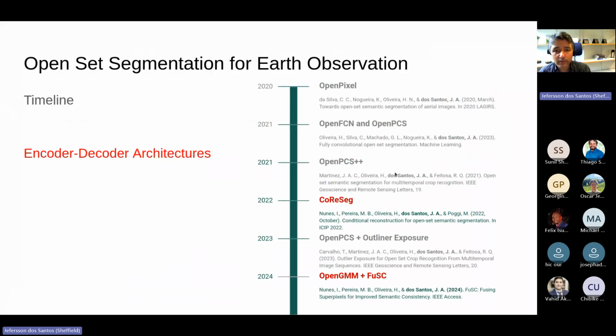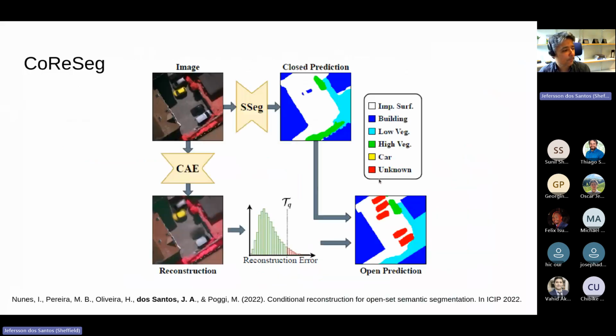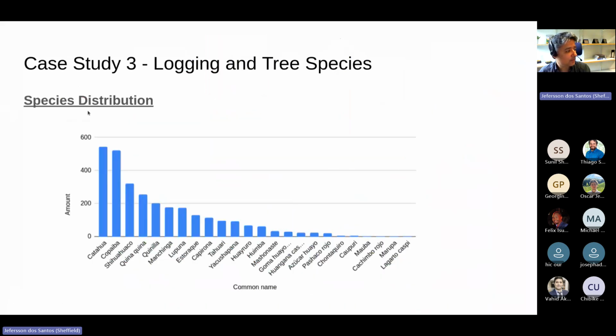I will not extend too much on this. But what I would like to say is that the identification of new species is much more than identifying new classes, because the distribution of species in nature is not very well balanced.